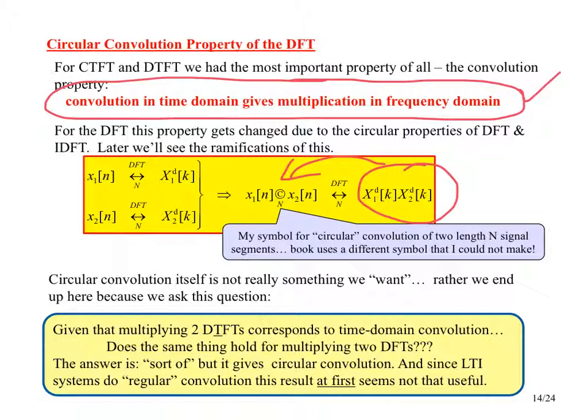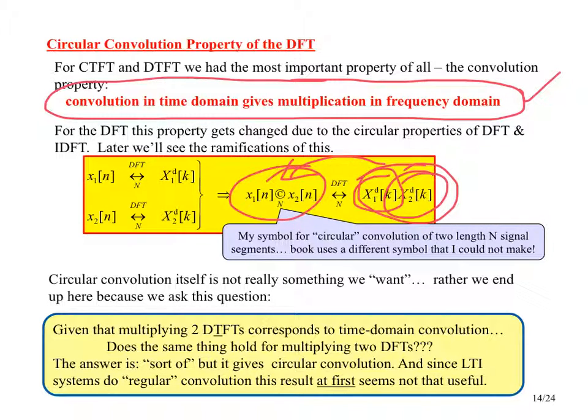And what we'll actually be able to do then is implement systems in the frequency domain. So we would treat one of these DFTs as the DFT of some input signal. We would treat the other DFT as the DFT of some impulse response. We then form the product between them, and then take the inverse DFT of that product, and as it stands right now, we would get circular convolution between an input signal and an impulse response.